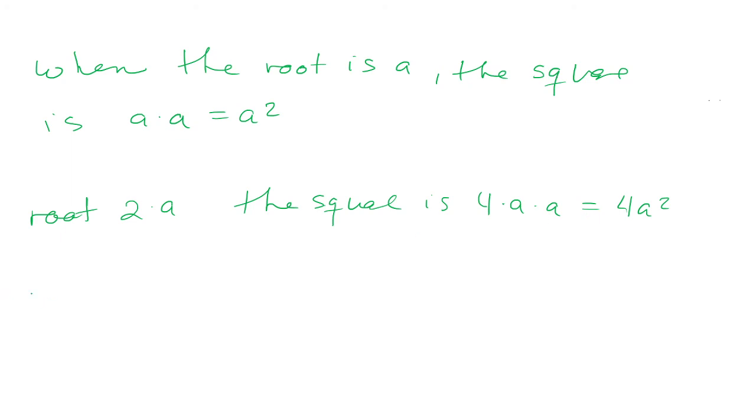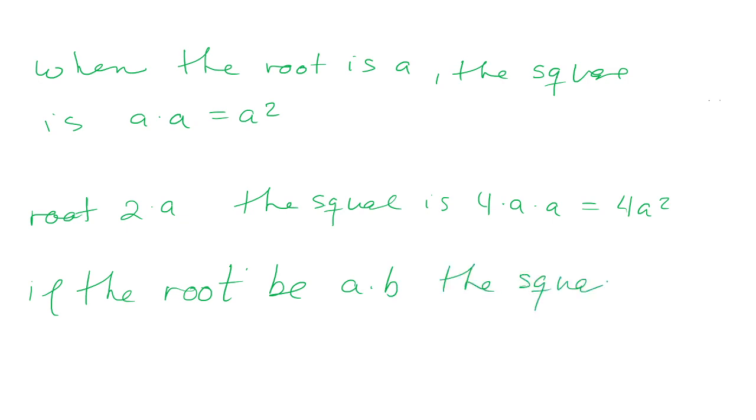And lastly, if the root be, say, a multiplied by b, the square is simply a multiplied by a multiplied by b multiplied by b, which is equal to a squared multiplied by b squared.